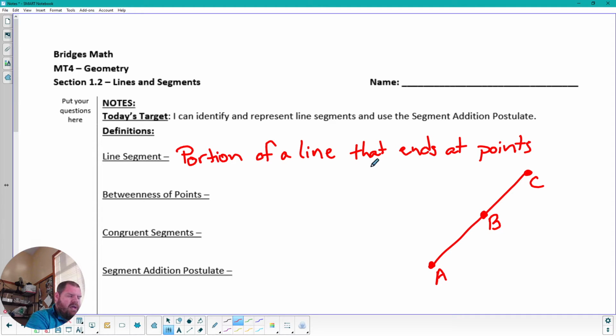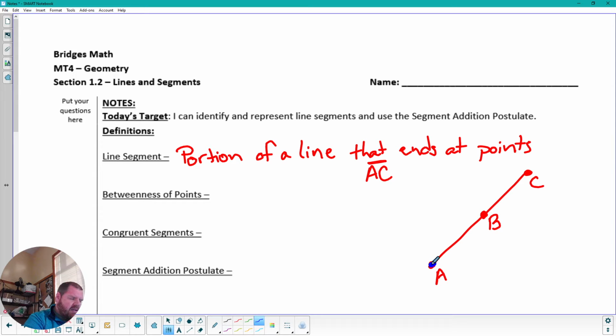If I'm talking about this entire line segment, it's segment AC, and we use this notation: AC with a line over it. The difference between this one and yesterday is that yesterday there were arrows on the ends of the line. Today there's not. And that is a completely different thing than saying AB.